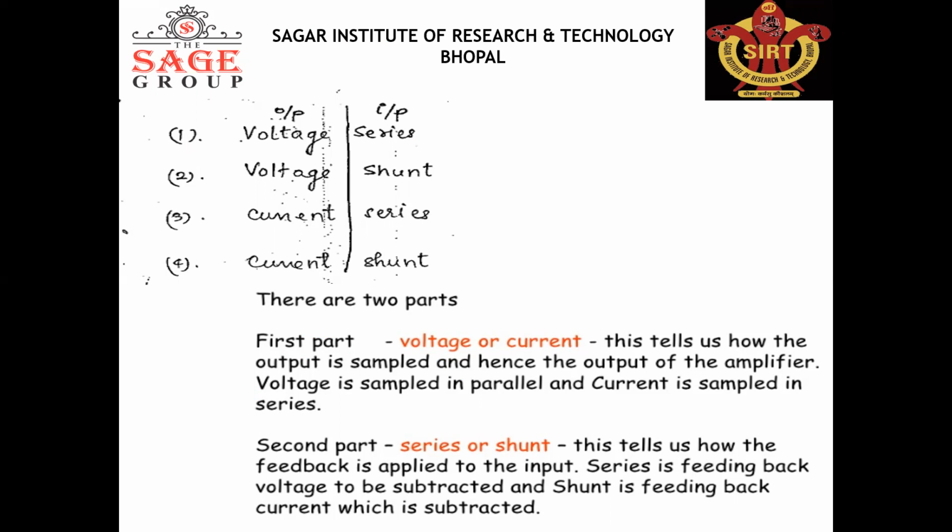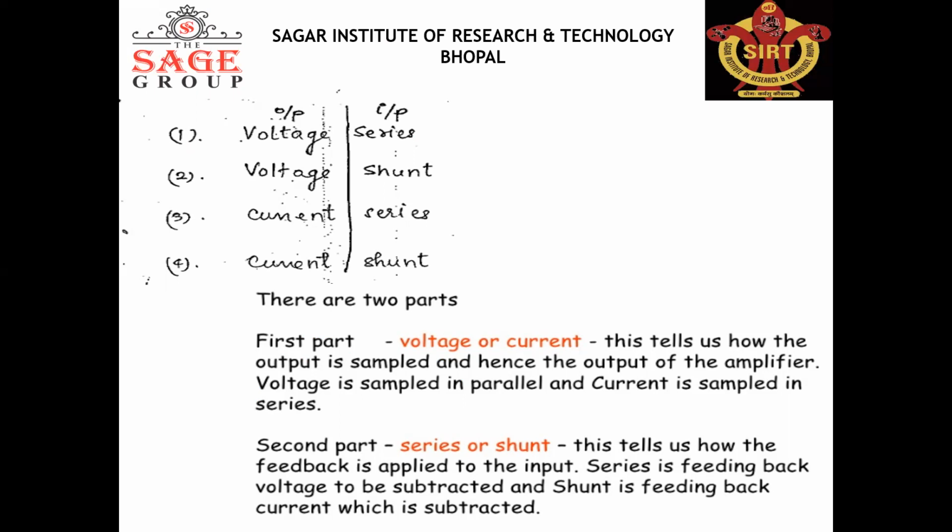So this first part shows in which form energy is sampled from the output to the feedback network. That energy may be in the form of voltage, or it may be in the form of current. If the energy which is sampled is voltage, then the output of the amplifier and the feedback network should be connected in parallel.